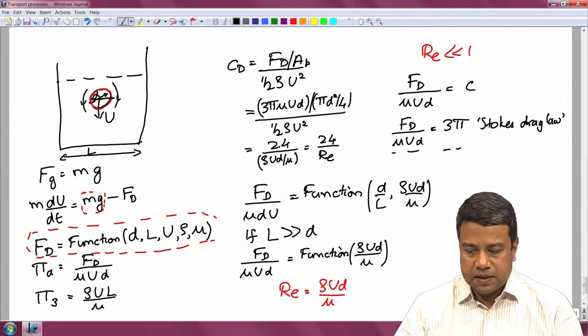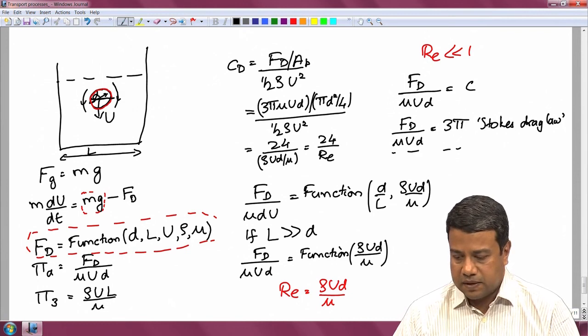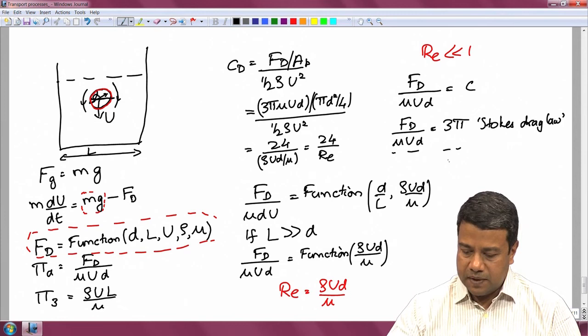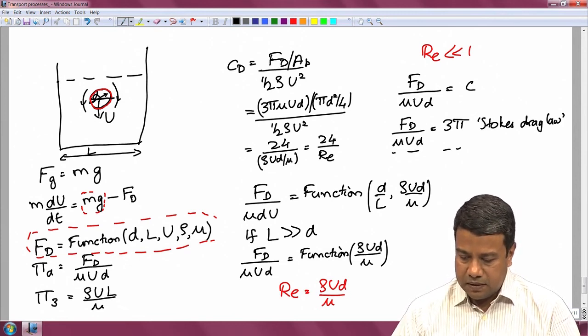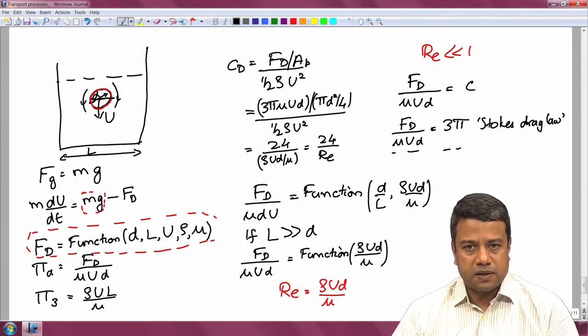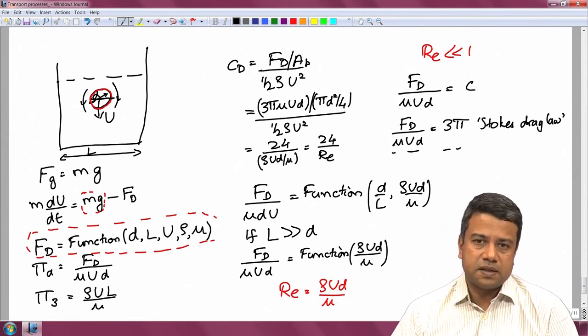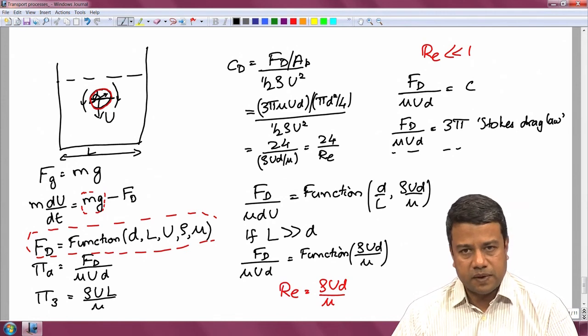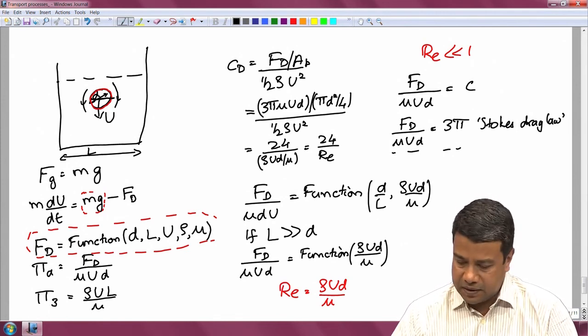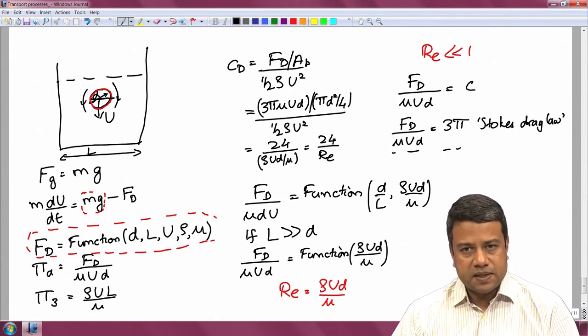But this is in the limit of low Reynolds number. As the Reynolds number increases, this f d by mu u d does depend upon the Reynolds number. That Reynolds number dependence is a little complicated, and I will discuss it when we actually do momentum transfer around a sphere. So, this is the simplest example.